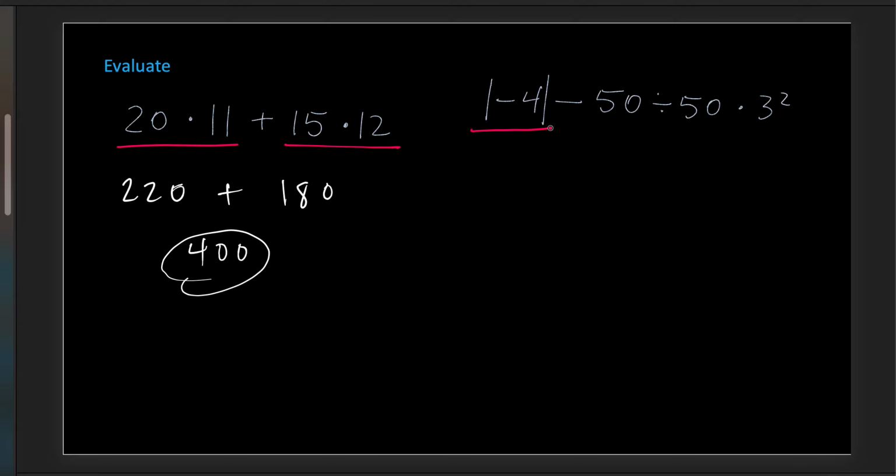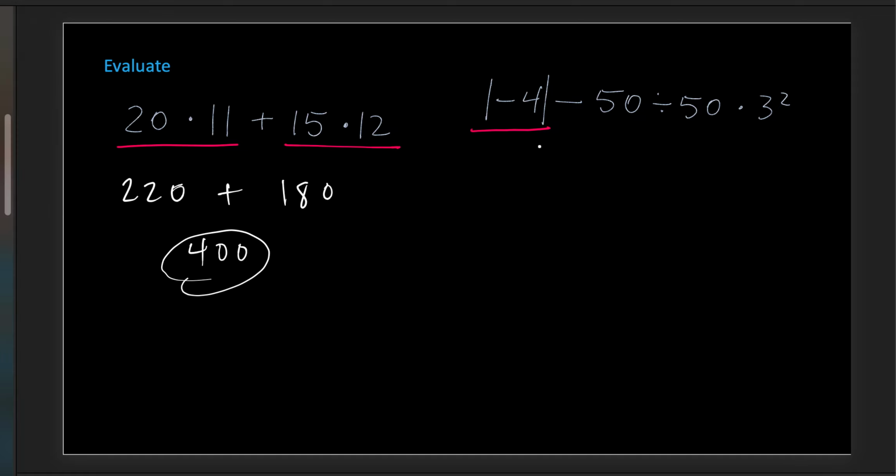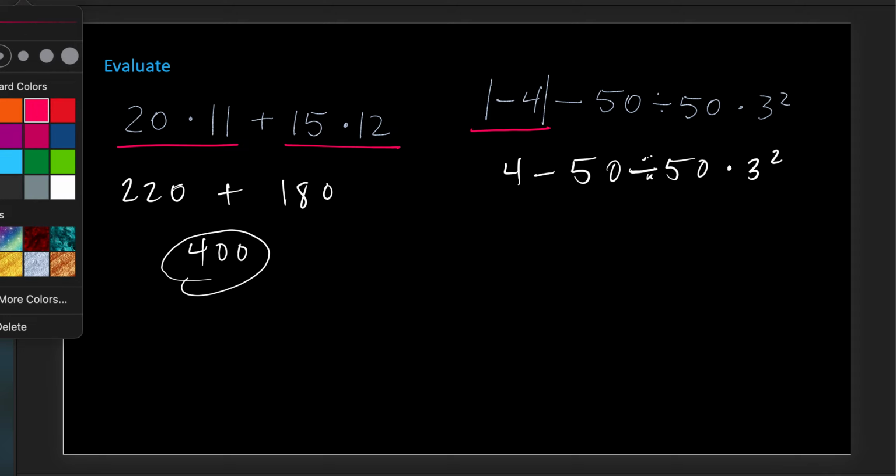So we'll go ahead and evaluate just that part first. Remember, the absolute value of negative 4 is 4. Then I write down the rest of this, carrying it down right under it so you have the least chance of error or forgetting anything.